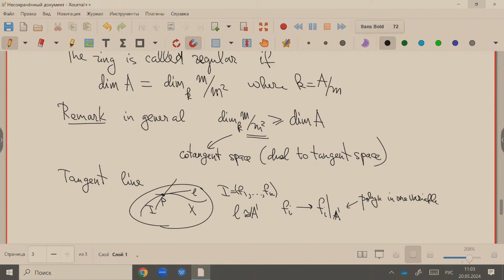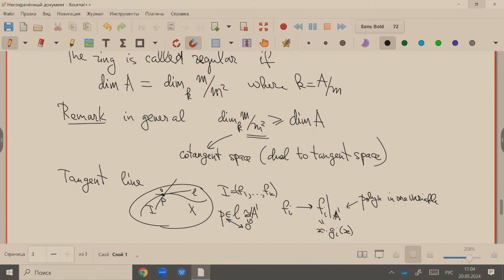If the point belongs to this line, corresponding to the 0 coordinate on the line, the equation looks like x times gi, where gi is some polynomial.